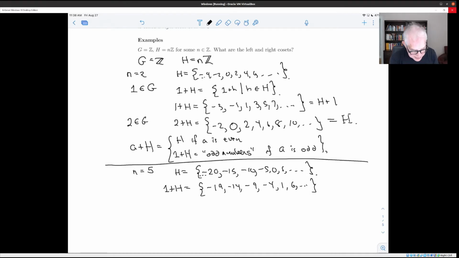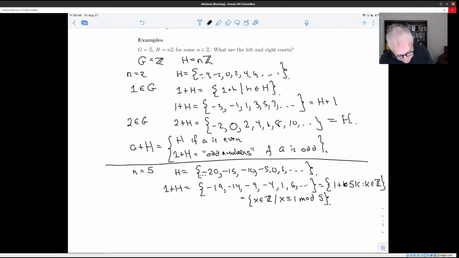Well, it's everything of the form 1 plus 5k for k in Z. In other words, it's an arithmetic progression where the step size is 5 and the initial value is 1. And this is precisely the collection of x in Z such that x is congruent to 1 mod 5.